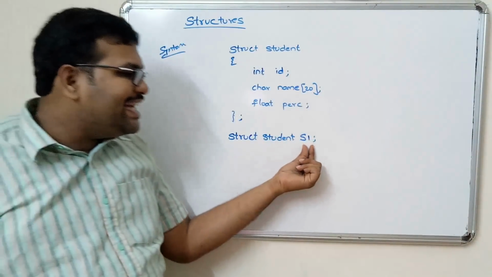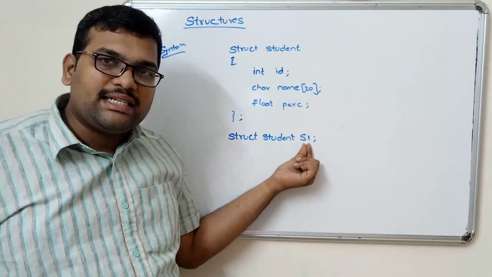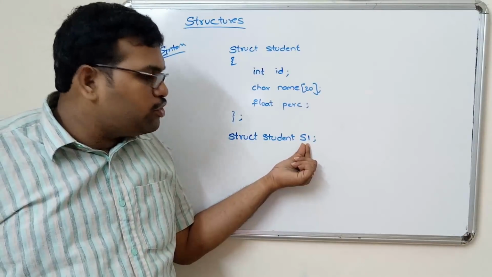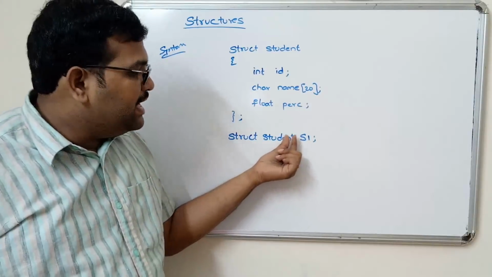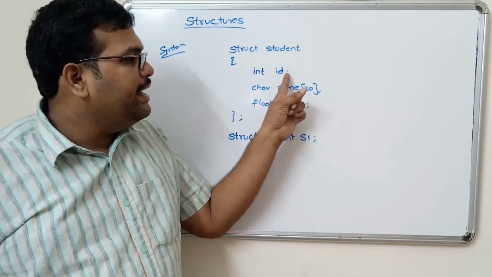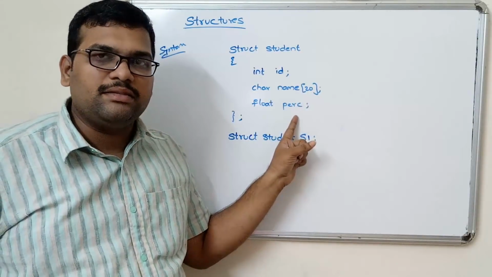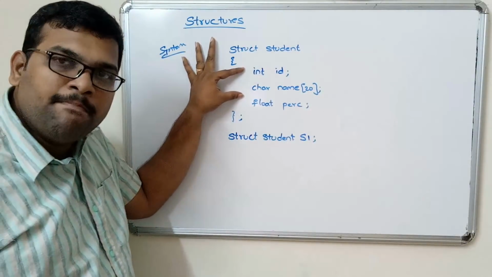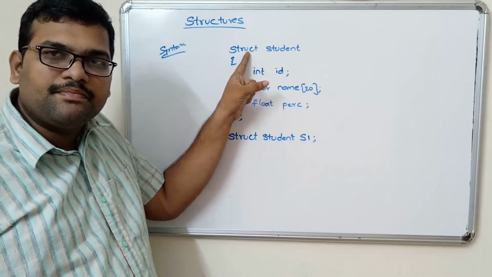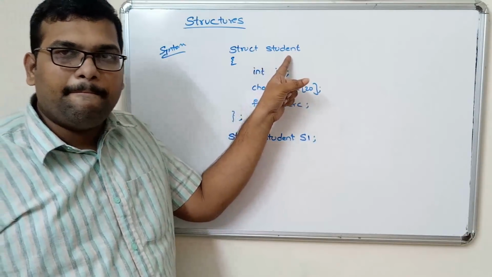That means s1 is a structure variable which should follow the structure of student. So s1 will be having ID, name, and percentage, because we have written all these three members in the structure with a student tag name.